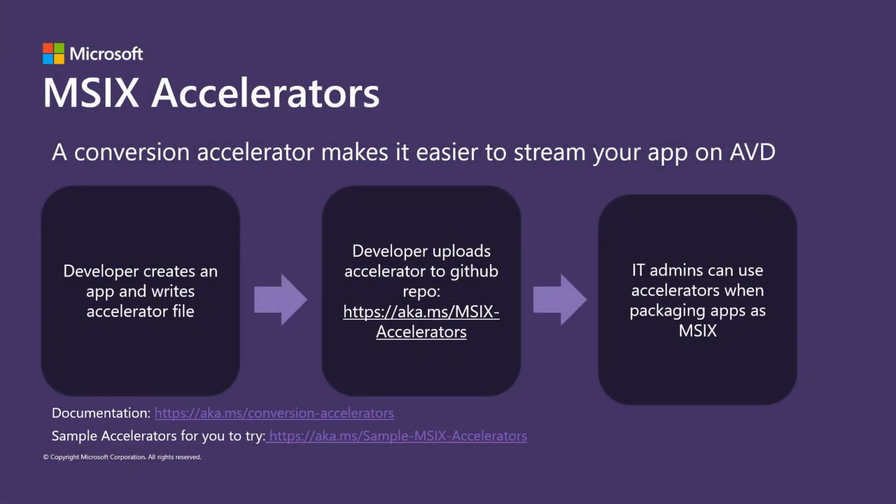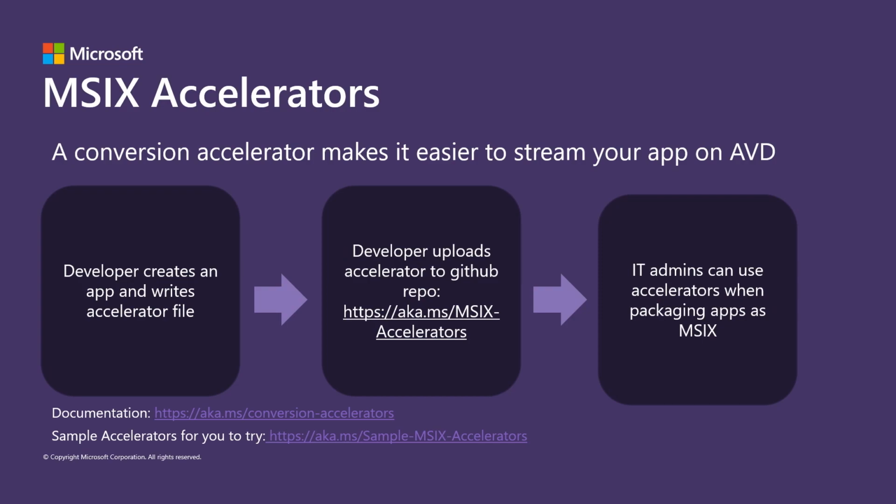So last but not least, we want to share MSIX accelerators with you. We know the conversion to MSIX has been challenging sometimes, and we know it needs to be easier. So with the use of an accelerator, we want to make this as easy as possible. The accelerator is supposed to be your easy button.